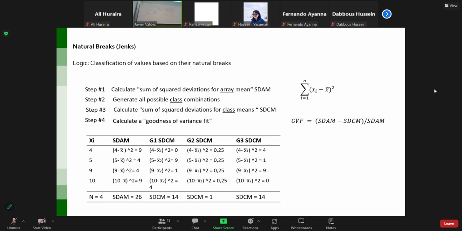My question is, why are we not taking into account other combinations, like, for example, 4 and 10 is one class, and 5 and 9 is a different class? No. It doesn't go in order? What's the order? We cannot make a diagram where I say this bar goes with this bar.